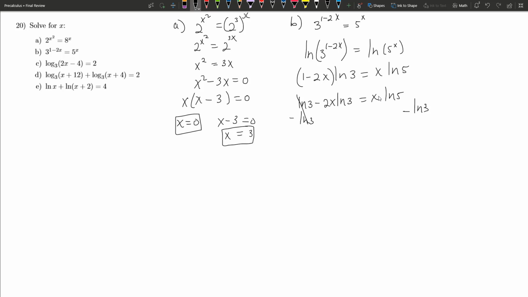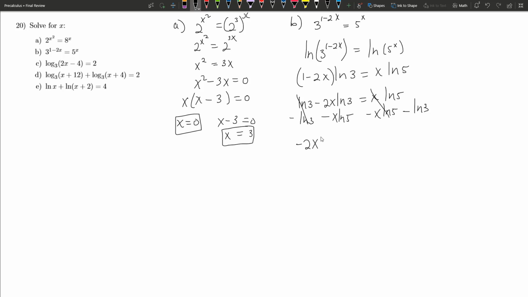Now I can't just subtract those. This x is connected to that ln of 5 by a multiplication. And even then I just can't subtract them like that. So I want this x on that side. So I have to really minus this entire thing on both sides of this equation. So just going to rewrite it now.